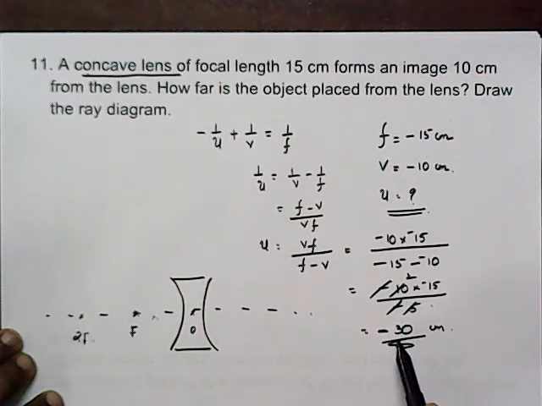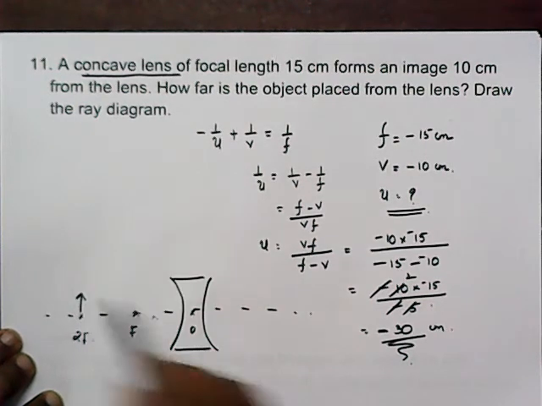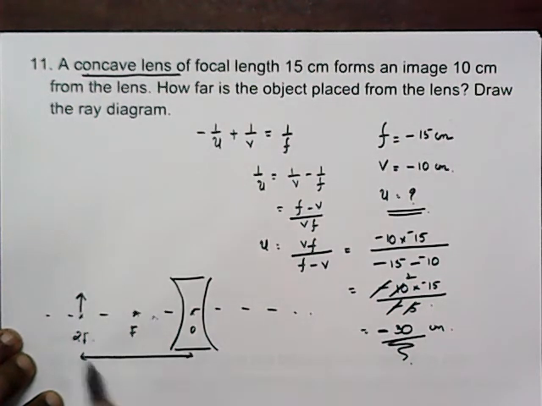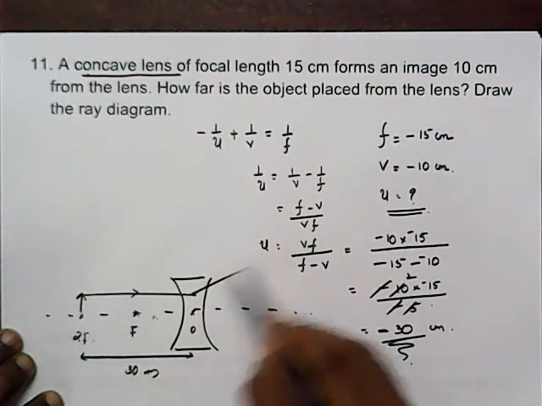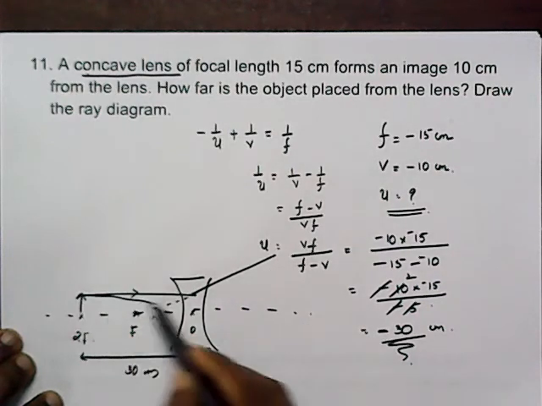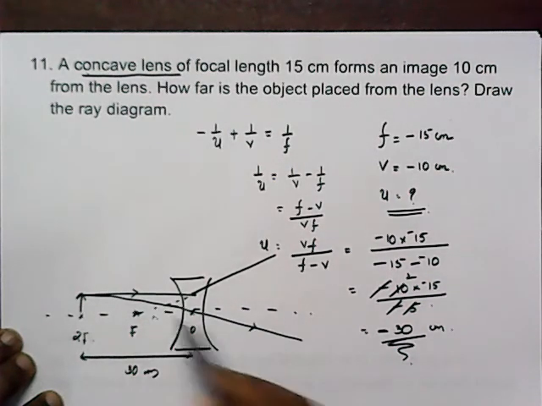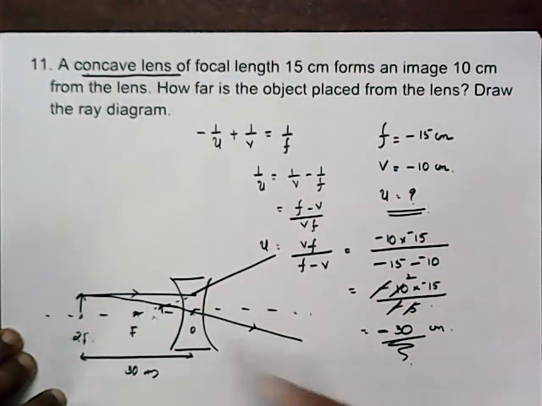So here the object is at minus 30 centimeter. The rays are coming, and the second one. So here the image is formed. So the ray diagram is okay.